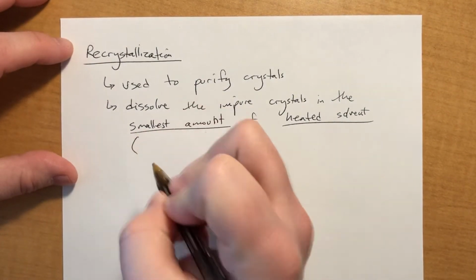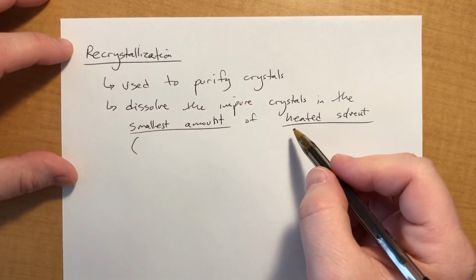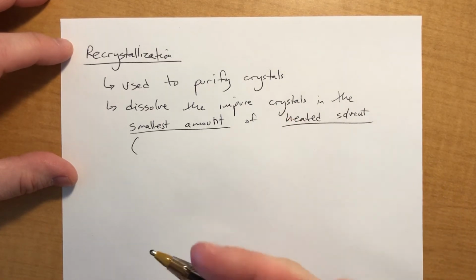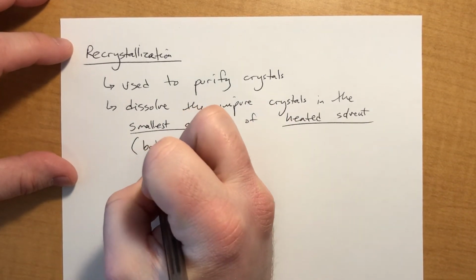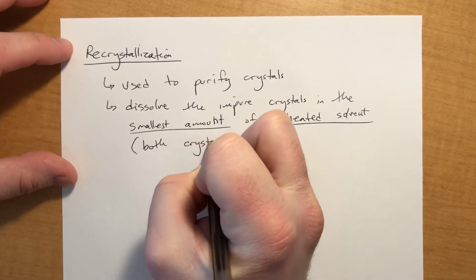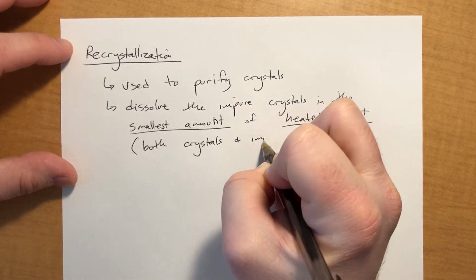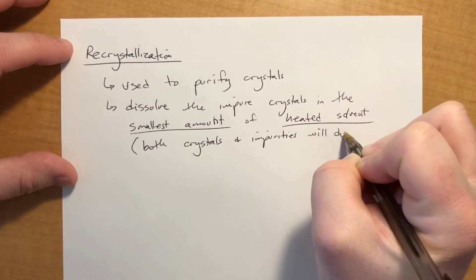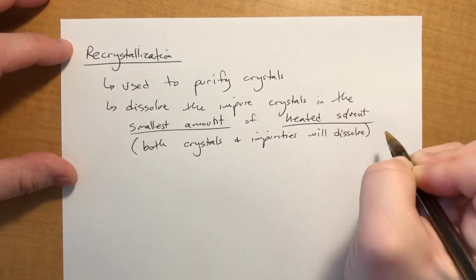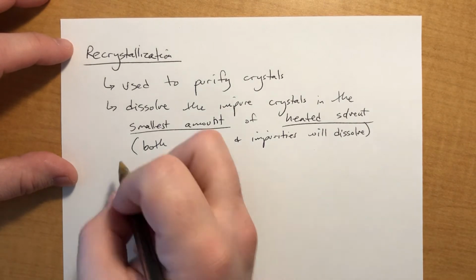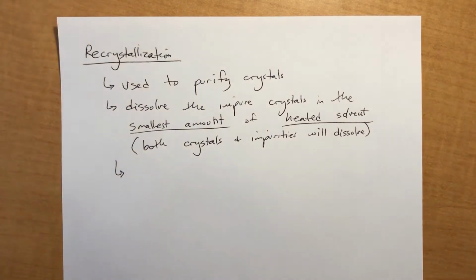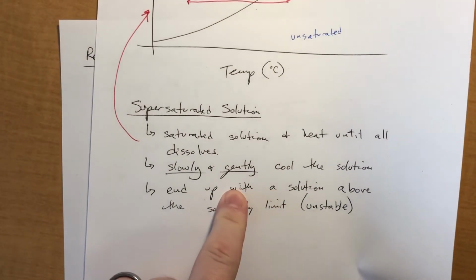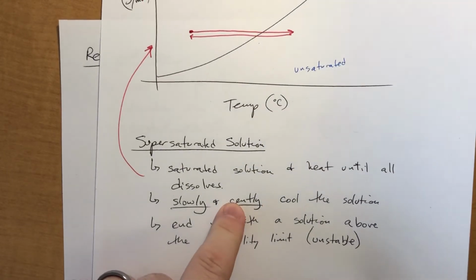And the hope is that when you put your crystals into this, both the crystals and the impurities will dissolve. Okay. Then once everything is dissolved, you're going to make this get cold fast. You're essentially going to try to do this, but you don't care if the crystals come back out. You actually want them to come back out.